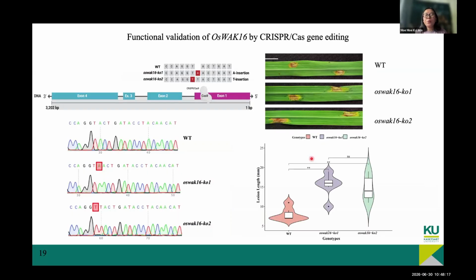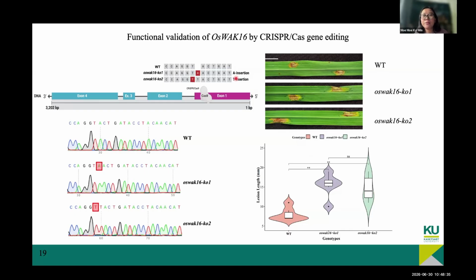We also performed functional validation of WEX16 using CRISPR-Cas gene edited lines. We got 2 edited lines here, with an A insertion or a T insertion.